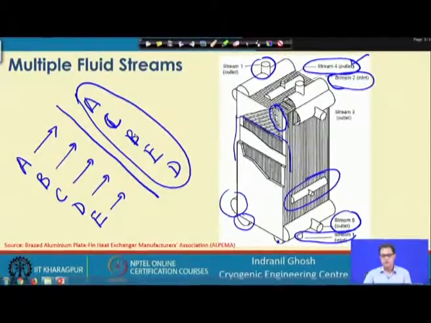imagine that the configuration of the heat exchanger is already known. We are not going to talk about the design at this moment. We are going to talk about the simulation process of the multi-stream plate fin heat exchanger.